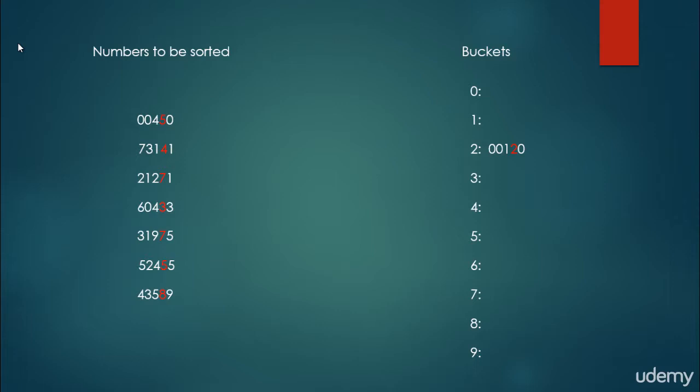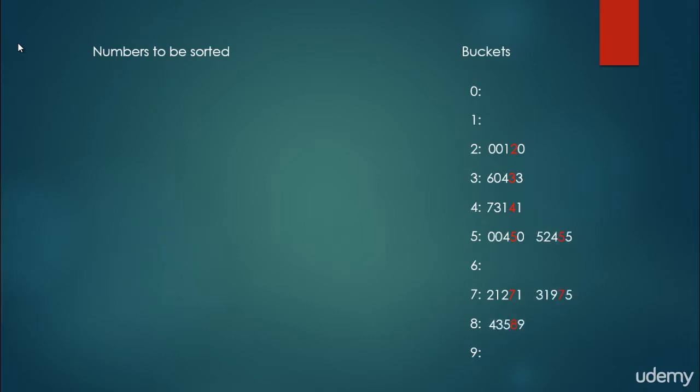We push 120 to index 2 because the middle digit is 2. So okay, 4, 7, 2, 7, 5, and 8. Then we keep putting back in this order. It's very important that we start from bucket 0, then 1, 2, 3, up to 9, and keep getting the items.